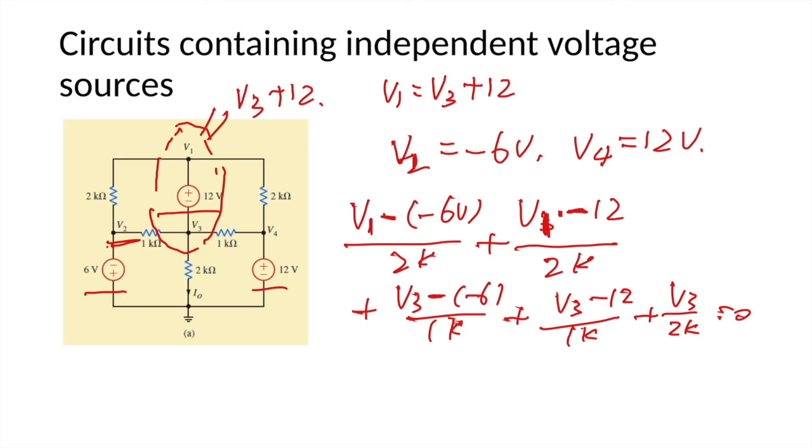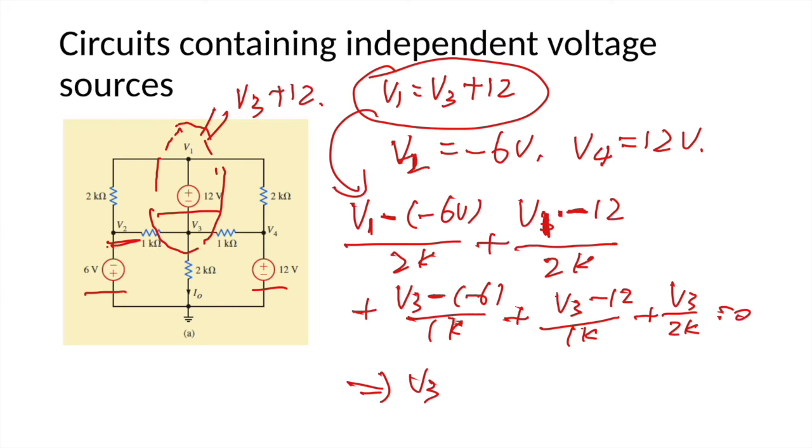So we can solve for V3 because we already know that V1 equals V3 plus 12. We plug in, so we can calculate V3, and once we know V3, we can calculate V1, and V2 and V4 are already known, so we have solved it. Then we finished the nodal analysis on this circuit.